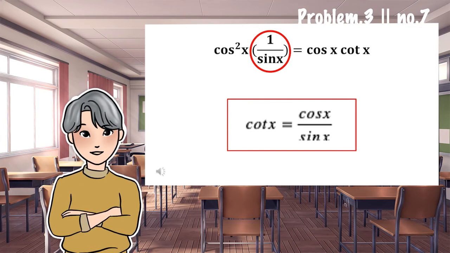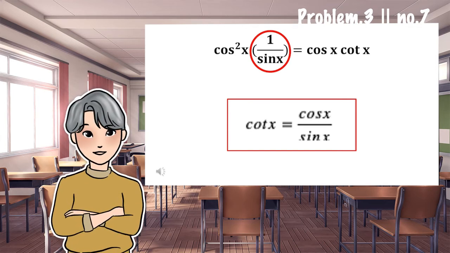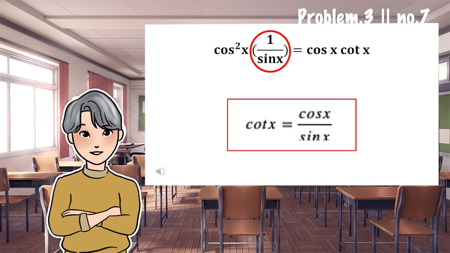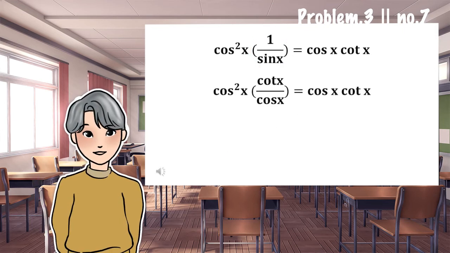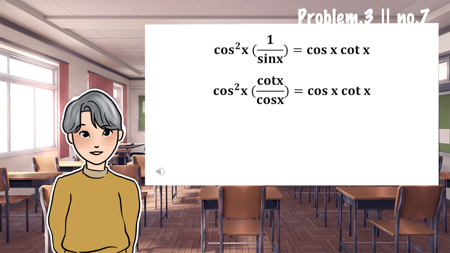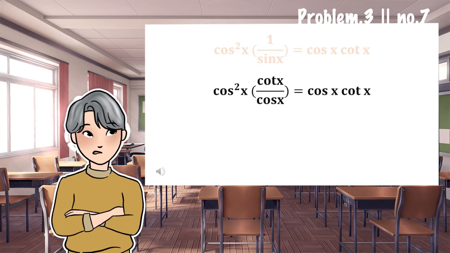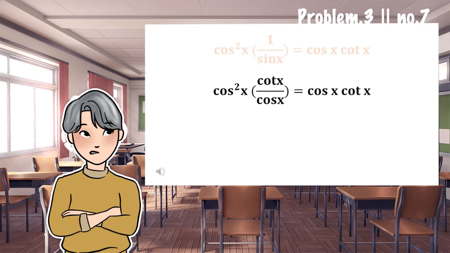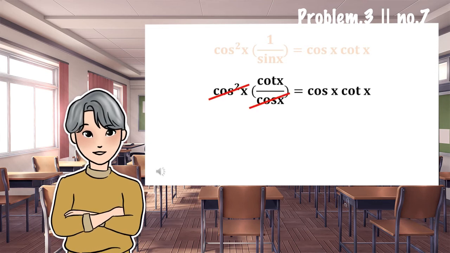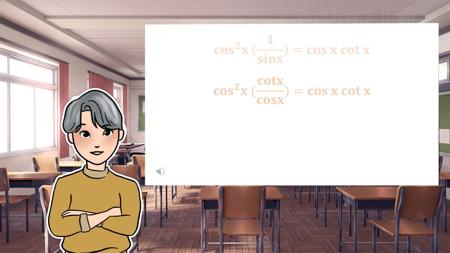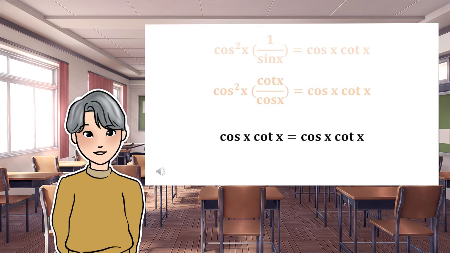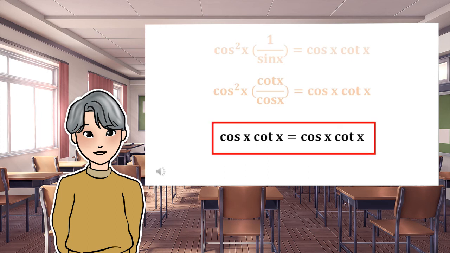Since we have 1 over sine x, it will become cotangent x over cosine x. As you can see, we are now able to cancel out cosine squared x with cosine x, leaving us with cosine x and cotangent x. Thus, verifying this is a trigonometric identity.